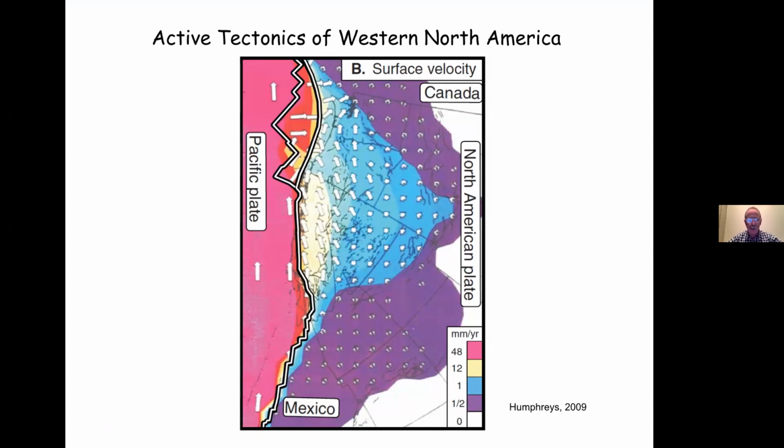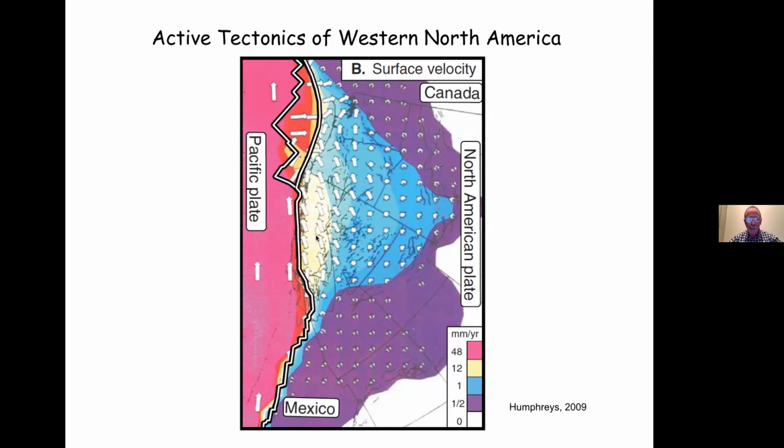And it's an interesting part of the North American origin, in so much as Western North America, as is shown in this map, is a broadly deforming region for geographic location. This is the Canadian border up here, and the Mexican border is down here. And as is well known, the modern origin is overwhelmingly dominated by shear in the south across the San Andreas Fault.